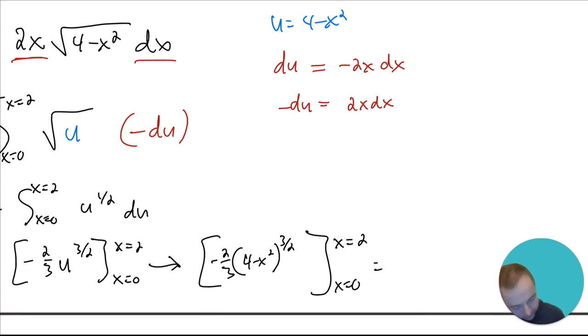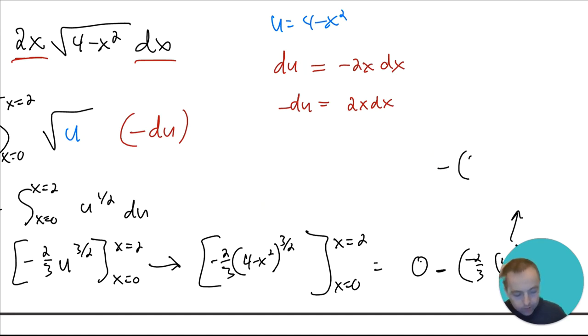If we plug in the 2, we're just going to get 0. And then you're going to minus negative 2/3 of what you get when you plug in the 0, which is 4 to the 3/2. That would be the square root of 4, which is 2, cubed, so 8.